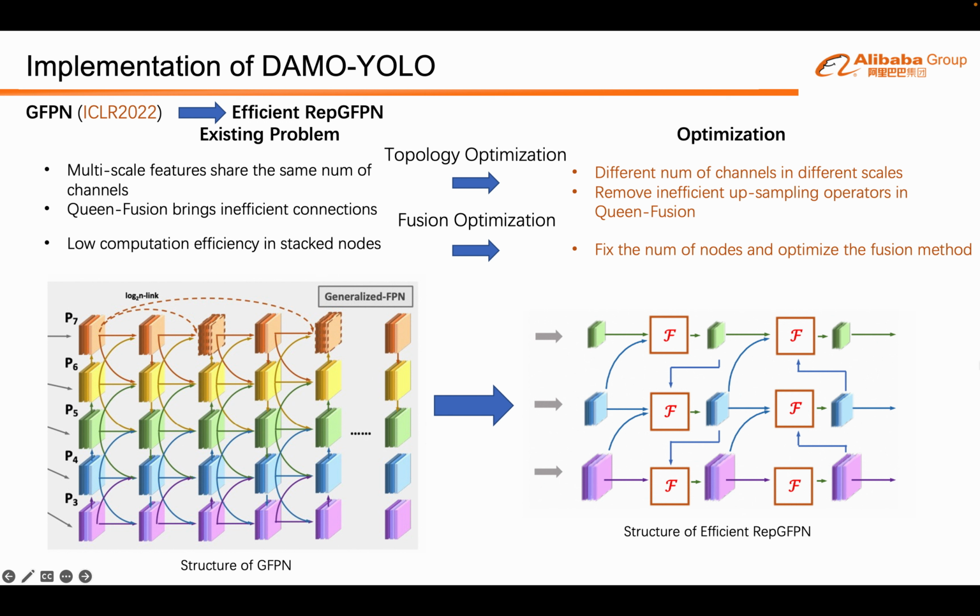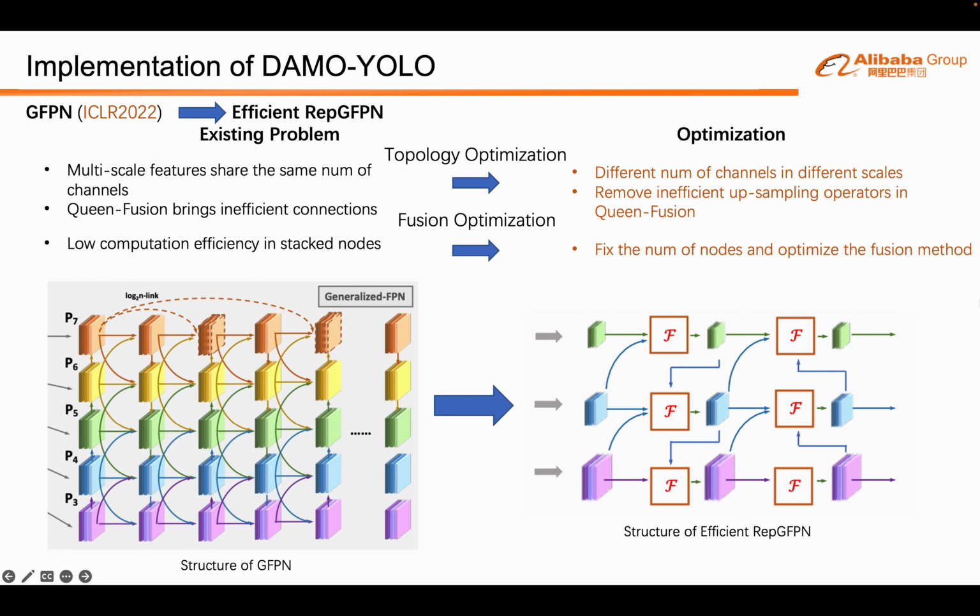Number three, GFPN increases the depth by stacking lots of nodes. Due to the serial structure in queen fusion, when we add more fusion nodes, the length of the fusion path is increased significantly, which makes the parallelism of the model less efficient.